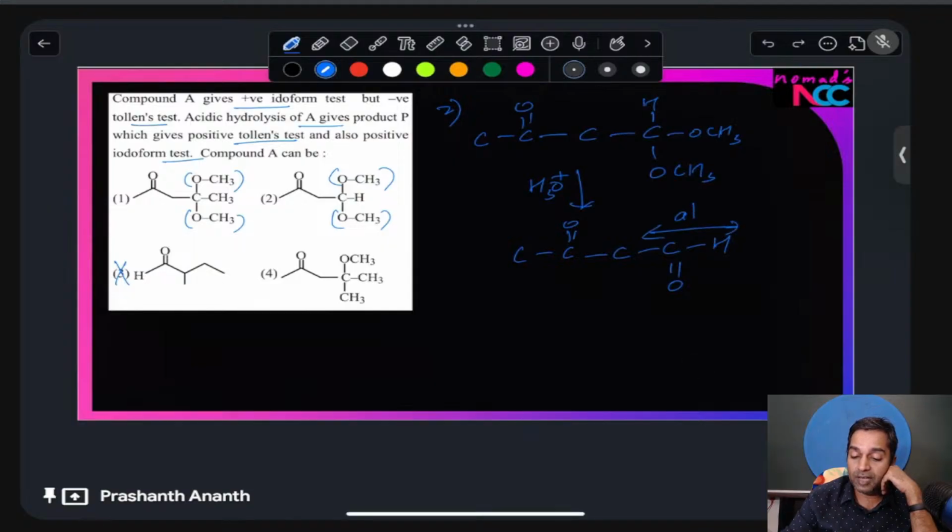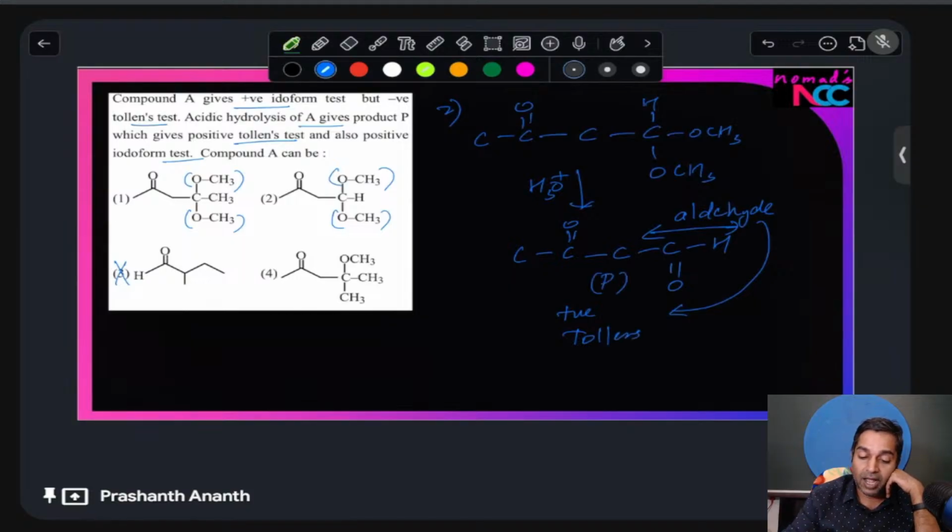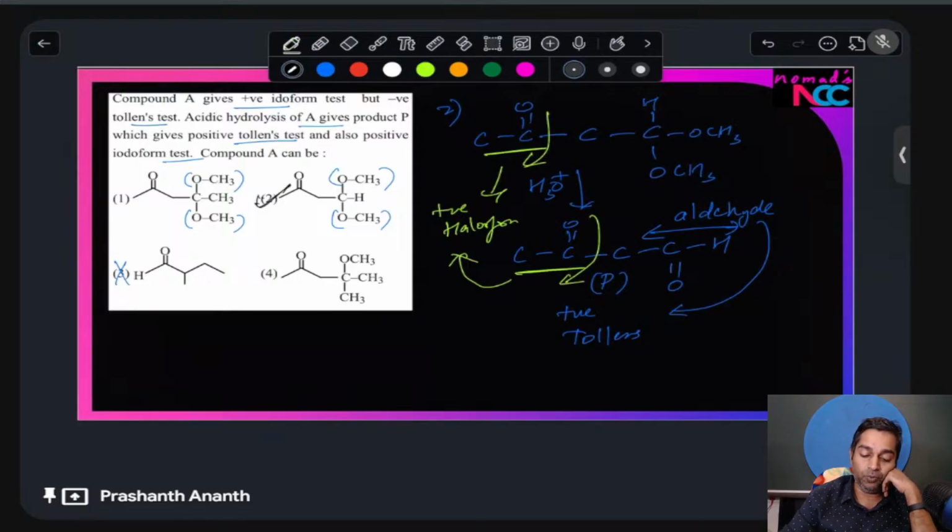Because this is an aldehyde, I will nicely have Tollens happening over here. So this will give me positive Tollens. This is compound P, it gives me positive Tollens, and at the same time this part is unaffected. This part will give positive haloform. Whether it is this compound or this compound, both will give me positive haloform. So the correct answer for this is option 2.